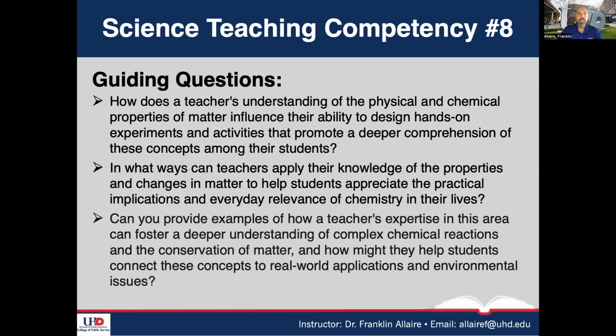And finally, can you provide examples of how a teacher's expertise in this area can foster a deeper understanding of complex chemical reactions and the conservation of matter? And how might they help students connect these concepts to real-world applications and environmental issues?